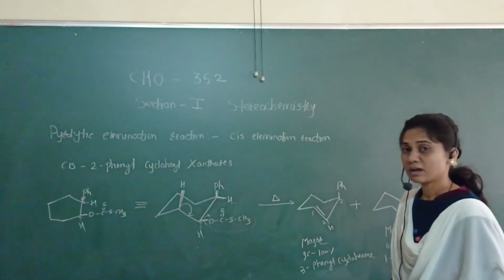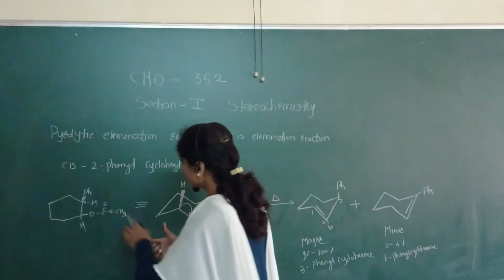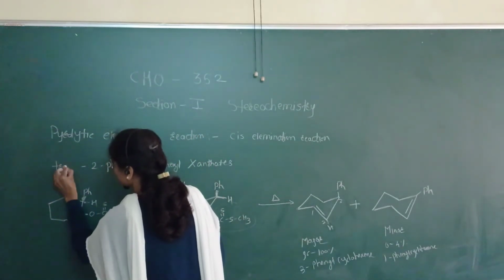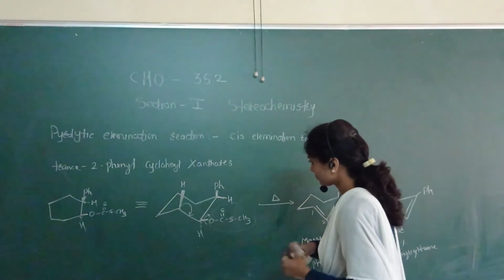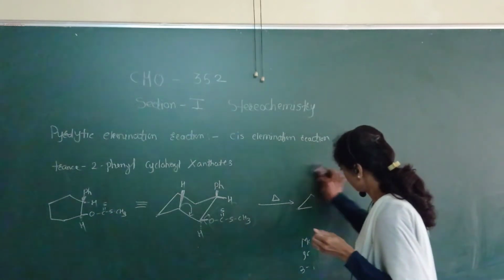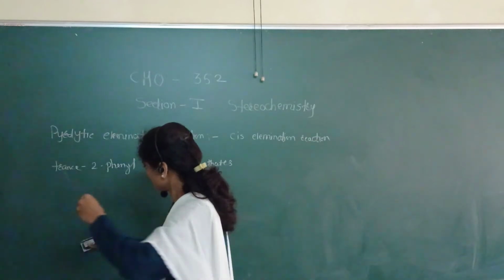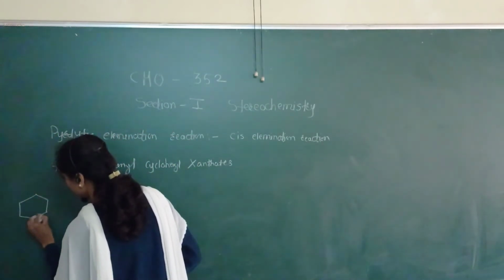Suppose I am taking another example, that is trans-2-phenyl cyclohexyl xanthate. The structure is like this. Suppose this is our ring.